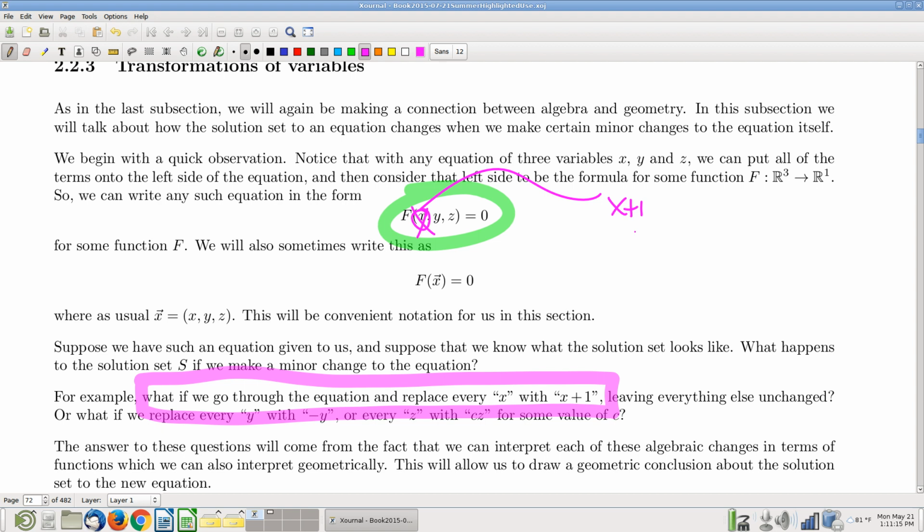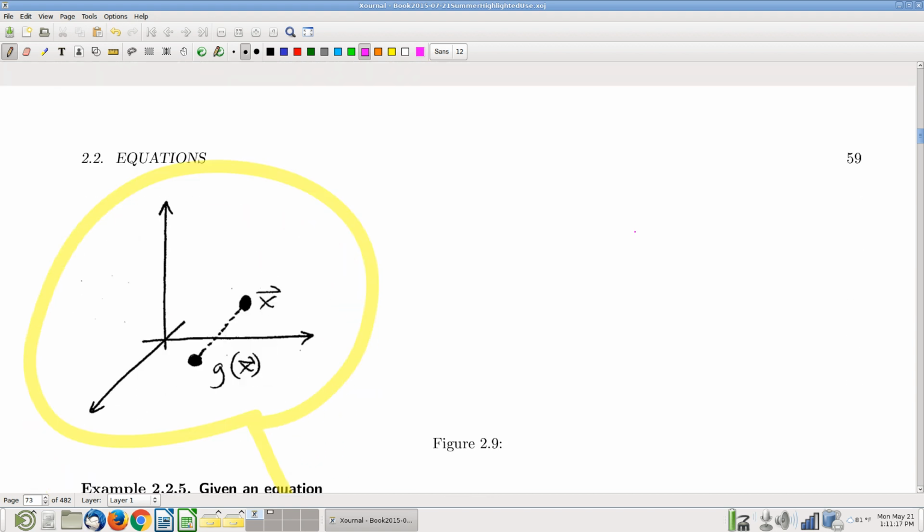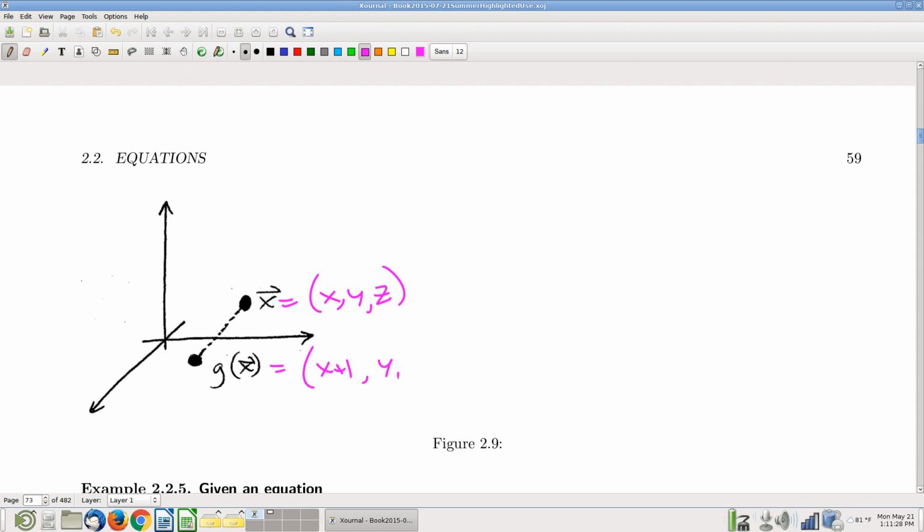Okay, so the idea is this. This is what happens when you replace x with x plus 1, right? This is x comma y comma z. This is x plus 1 comma y comma z. You're just adding 1 to the x coordinate. So given an input point x, here's the new output point g of x.